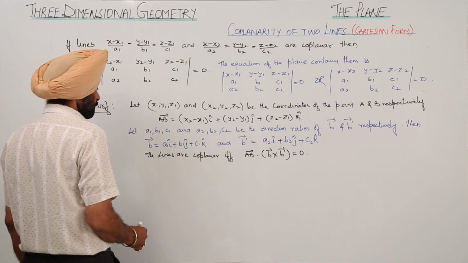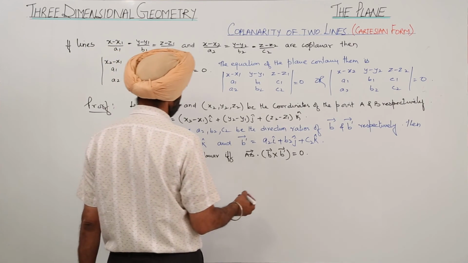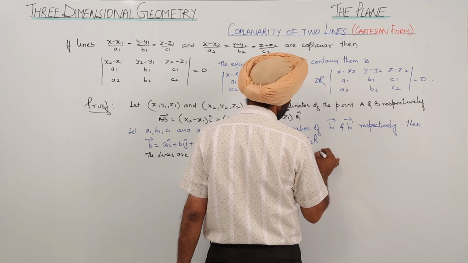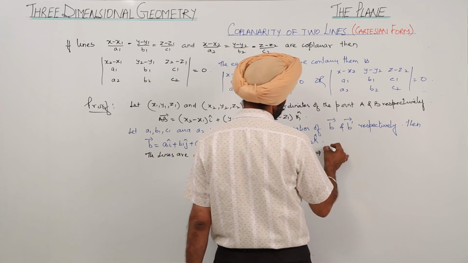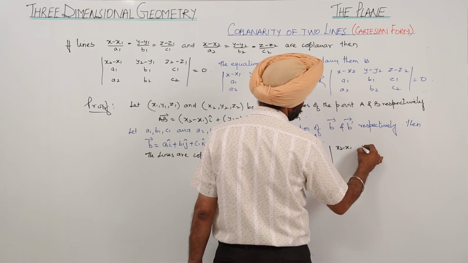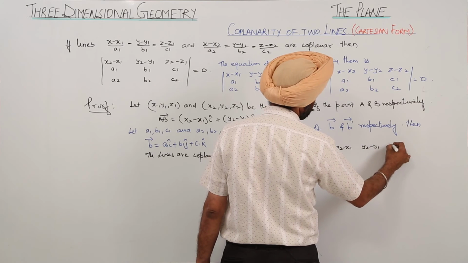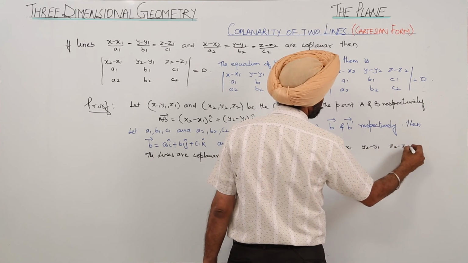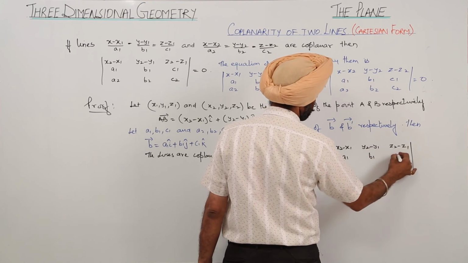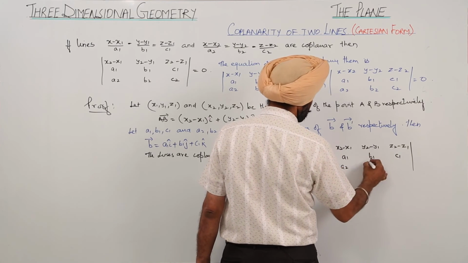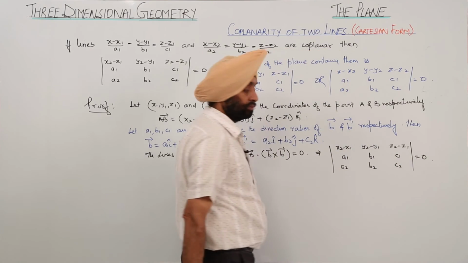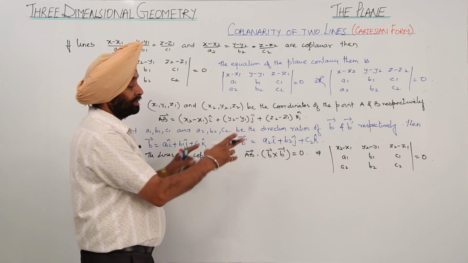Okay. And this implies the determinant with rows x2 minus x1, y2 minus y1, z2 minus z1; a1, b1, c1; a2, b2, c2 is equal to 0. Okay. So, this implies that one.